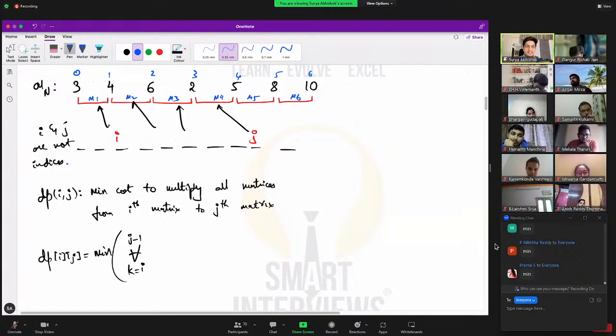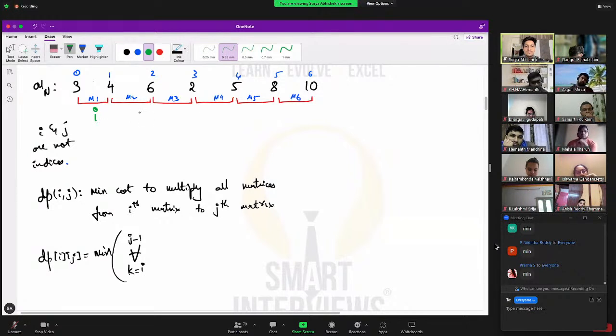Let's say my I is over here, K is over here and J is over here, for example. Means I is at 1, K is at 2, J is at 4. I is at the M1 matrix, K is at the M2 matrix, J is at the M4 matrix.